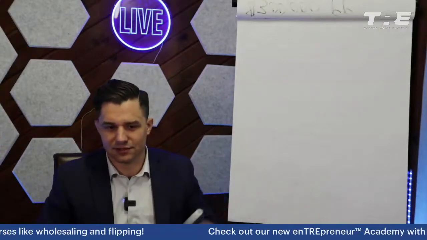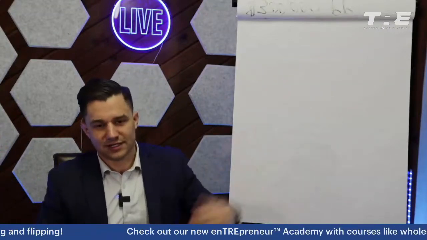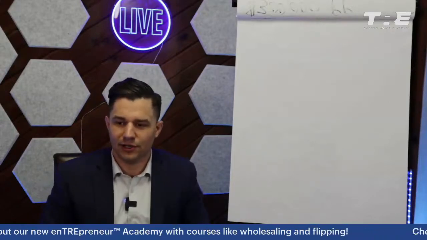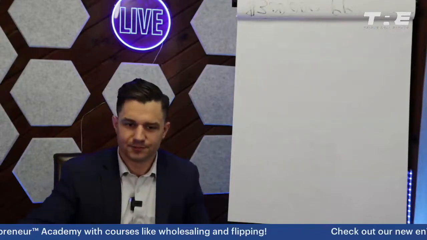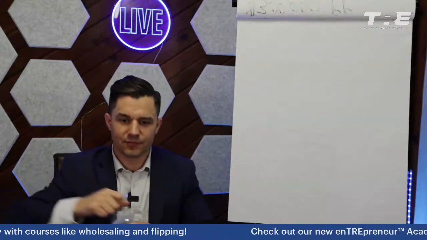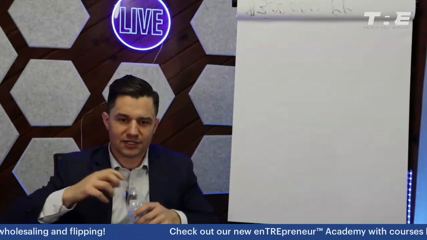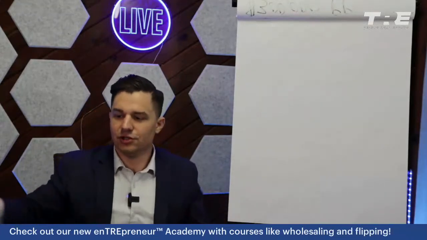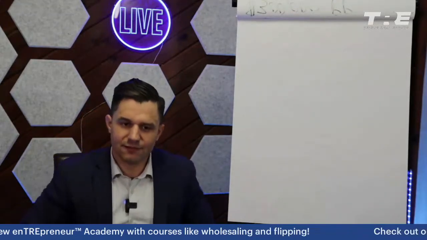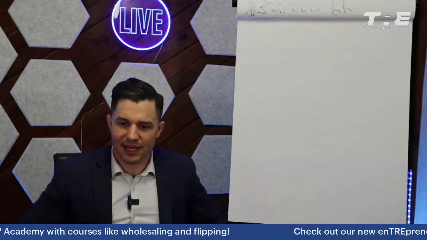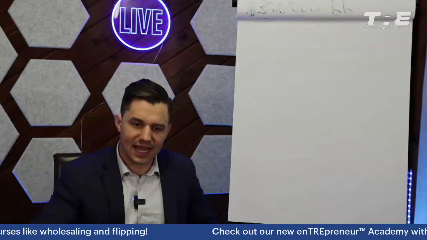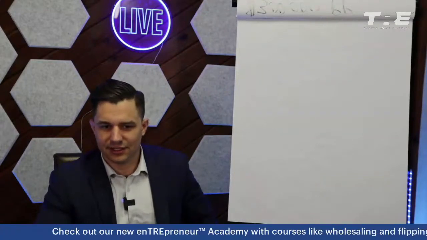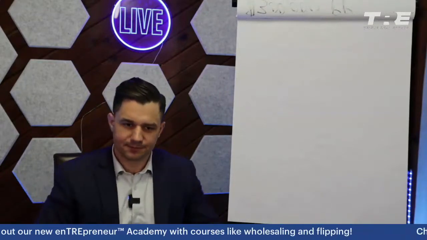So 75,000. So 4,300 divided by 75,000 gives you your cash on cash return of 5.83 or whatever that was. Make sense? NOI divided by purchase price gives you your cap rate, which is the return you would get if you did buy the property cash. And the cap rate was like 7, I think it was 7% in that example.